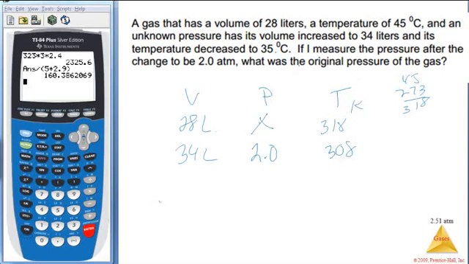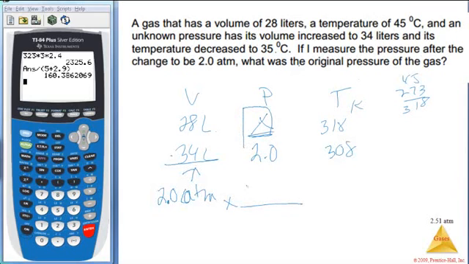Alright, so I'm trying to figure out what happened to pressure. Where did it start? So you got to be careful. And this is atm, right? If my volume went up, that would make my pressure go down, which means I would start with a higher pressure.